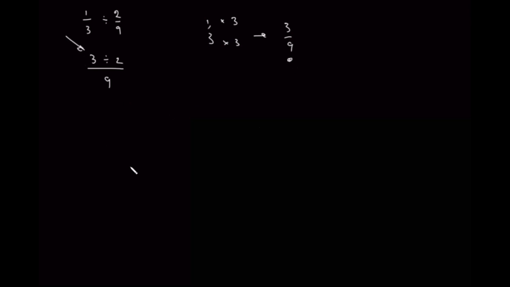Okay, so suppose we're in the situation where the one will not divide exactly into the other. Suppose we had, what should we go for? Let's go for 16 over 7. Divide that by 2/3. 3 will not divide exactly into 7.